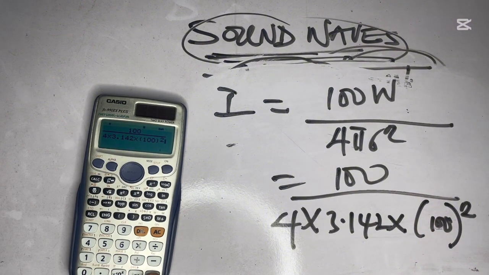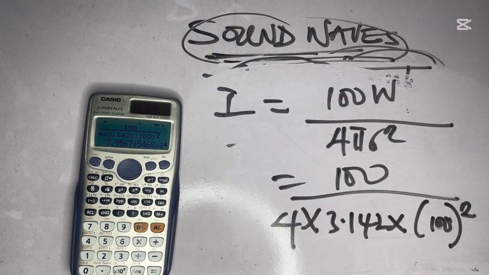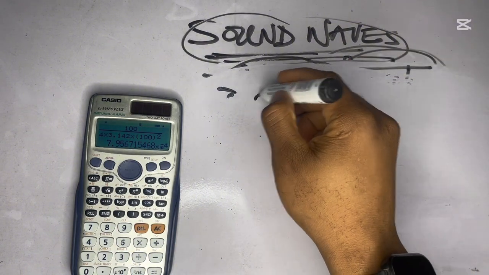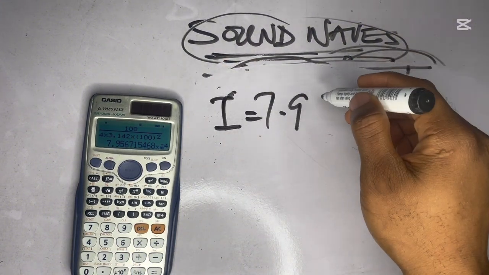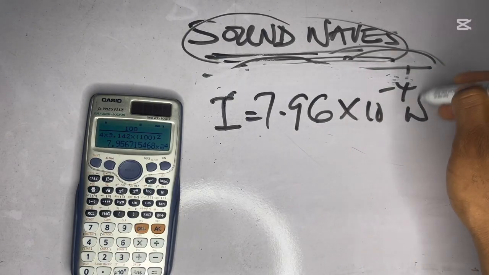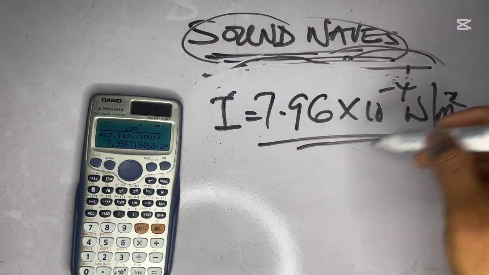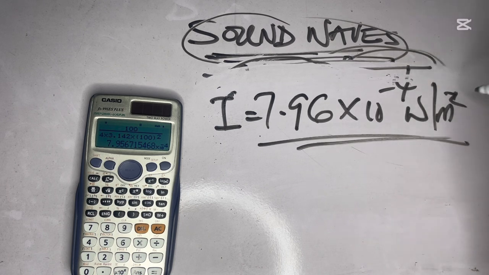Solving that gives us approximately 7.96. So our I equals 7.96 times 10 raised to power minus 4 watts per meter square. Remember that area is in meter square and power is in watts, so it's important to express it this way.